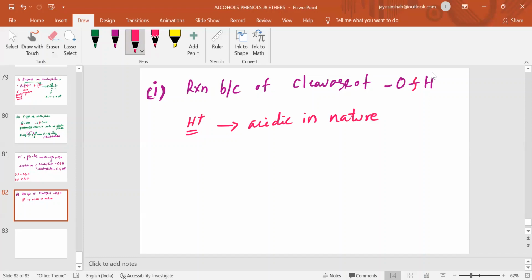There also OH is there, right? Even in the case of ArOH, if the bond between O and H is broken, then we can call it acidic. Even phenols are acidic in that sense, right? Okay, that's how you have to see.